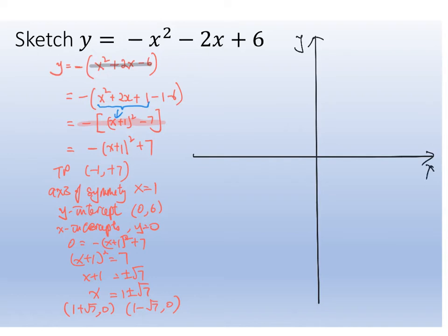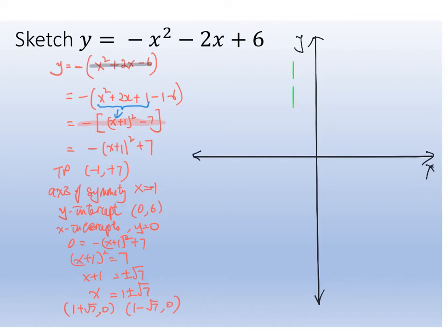So here you know that this is a concave down shape because there's a minus in front. So start off with the axis of symmetry. Oops, my fault. There should be a minus 1. So axis of symmetry, x equals minus 1.